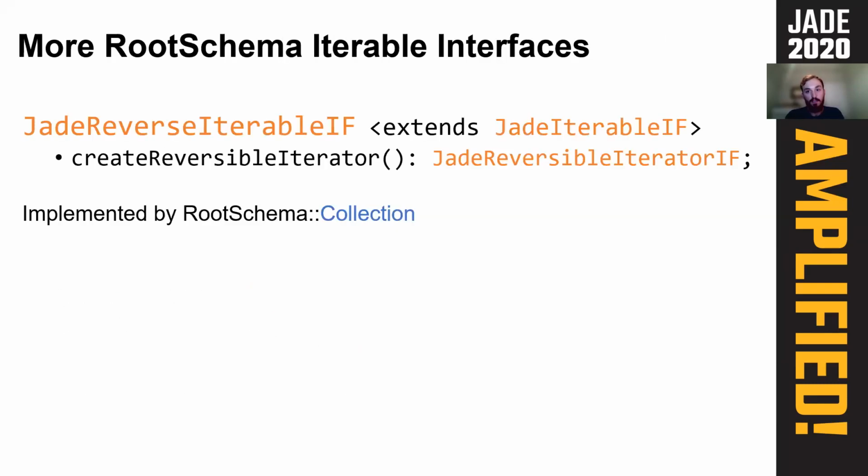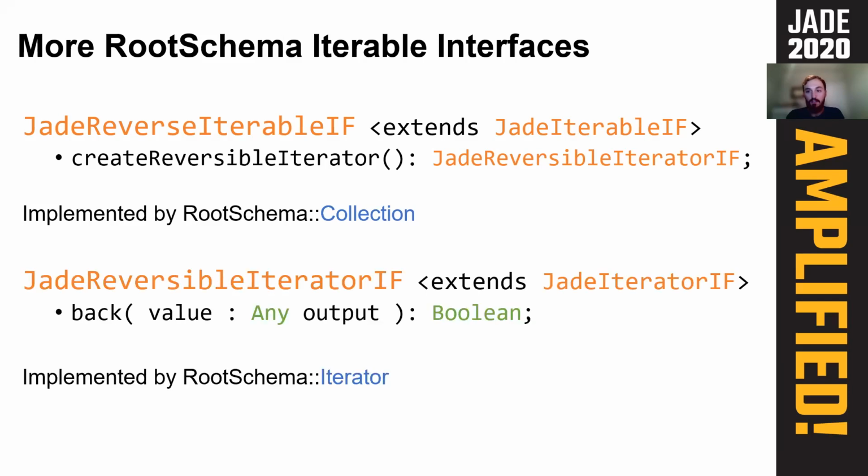We've also provided a reverse iterable interface, and this extends the iterable interface, and it provides a contract for an implementing class to be reverse iterable. That is, to produce an iterator that supports both forward and backward iteration. This leads on to the reversible iterator, which is exposed through the reverse iterable interface.